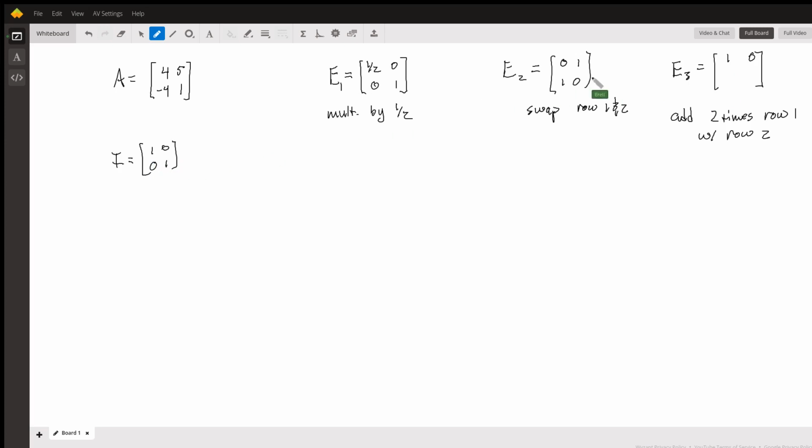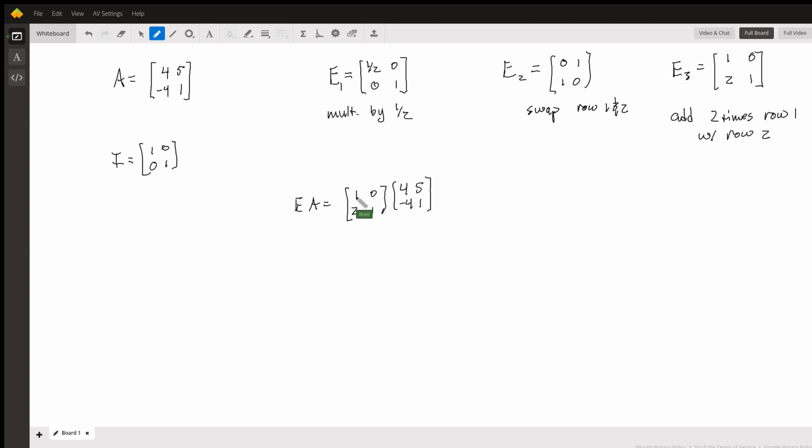So 2 times 1 plus 0 is 2. 2 times 0 plus 1 is just 1. So with this matrix, if we do EA, we get 1, 0, 2, 1 times A, which is 4, 5, -4, 1.